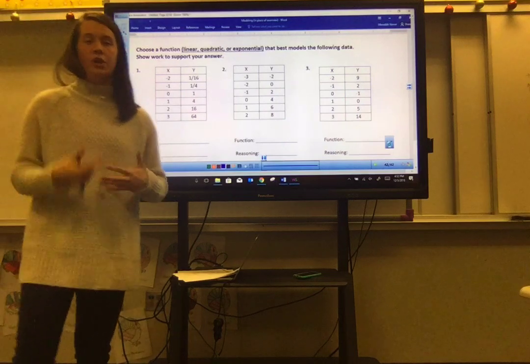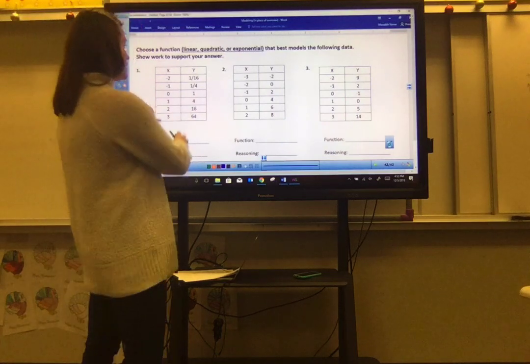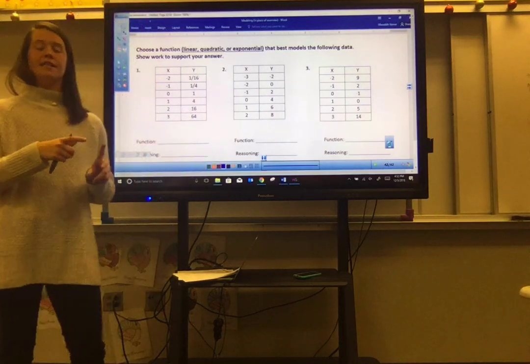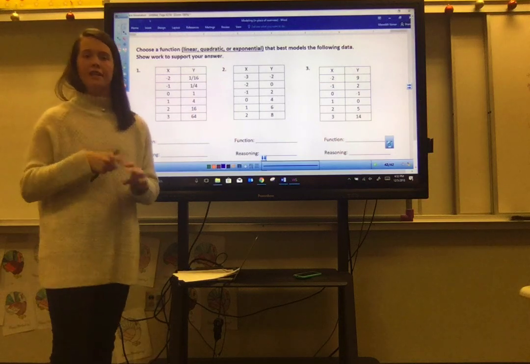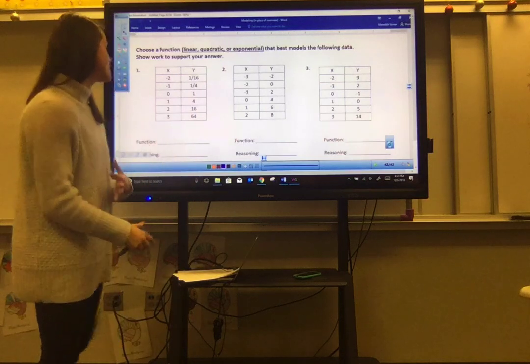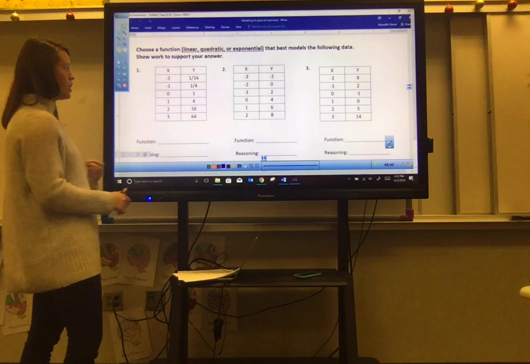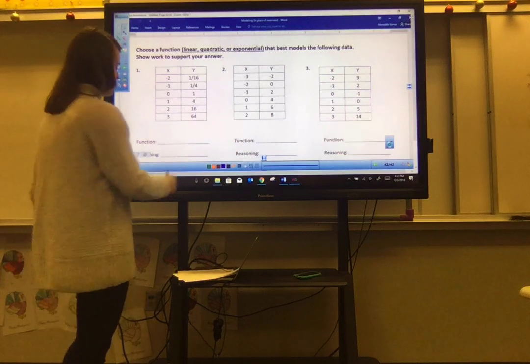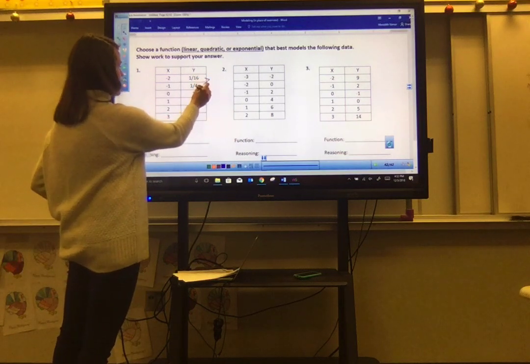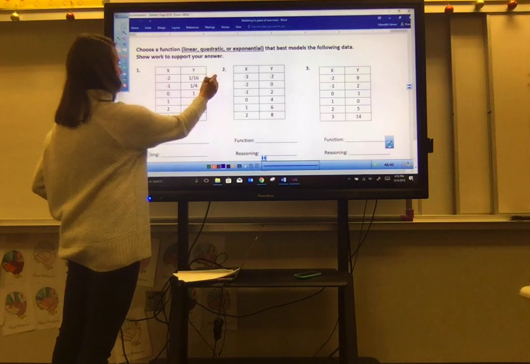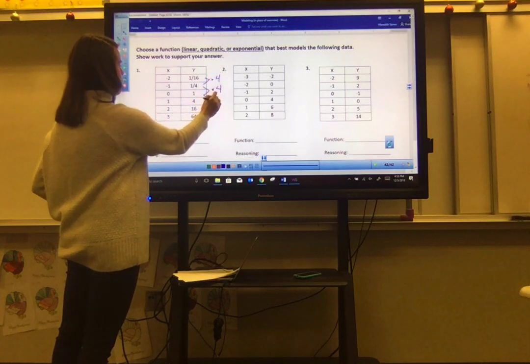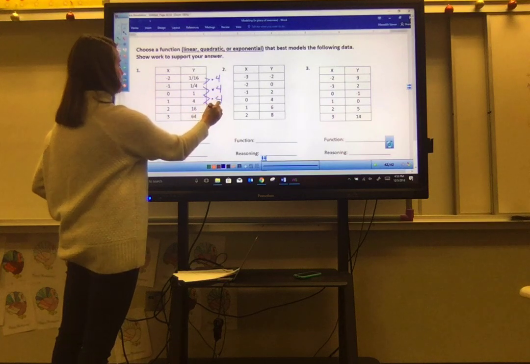So now I want to show you what I mean when we are looking at a table. How do we decide whether it is linear, quadratic, or exponential? Which one would model it the best in terms of your actual graph? So if we're looking at this first one here, you're going to notice that each of these terms are actually being multiplied by 4. So I'm multiplying everything by 4 to find my next y value.